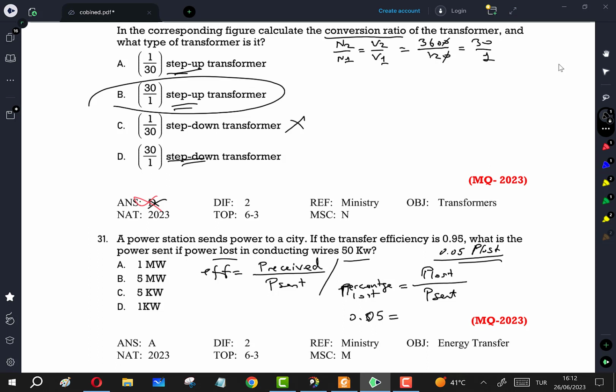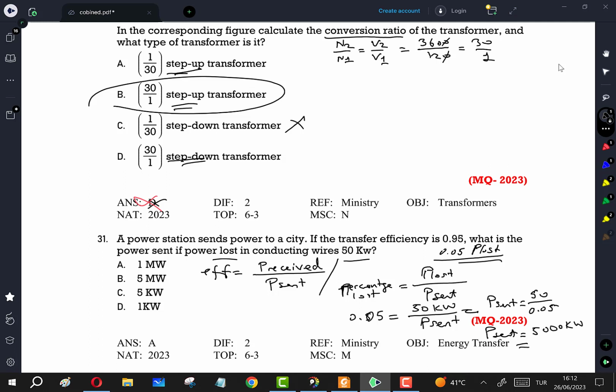Lost power is given in the question as 50 kilowatt. So calculate power sent. When we transfer 0.05 to the other side of the equation, it's going to be 50 divided by 0.05. Power sent is going to be 500 kilowatt.